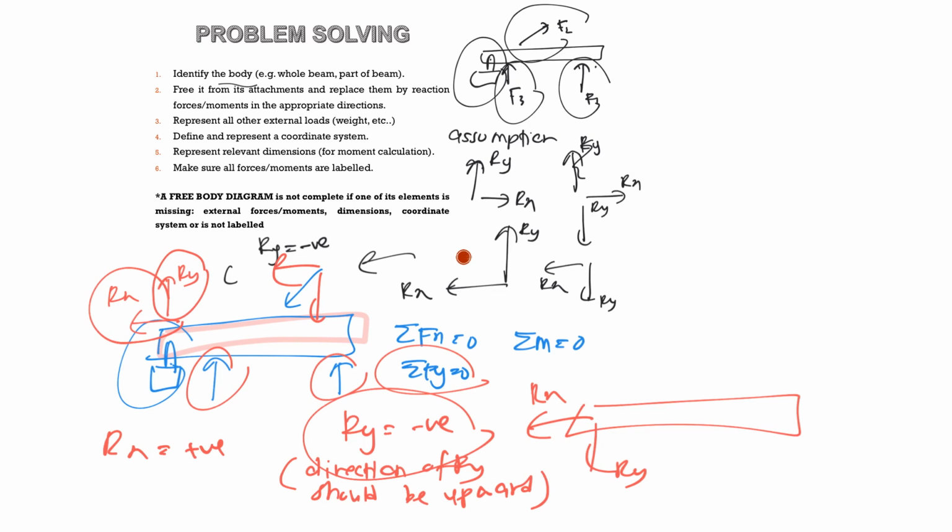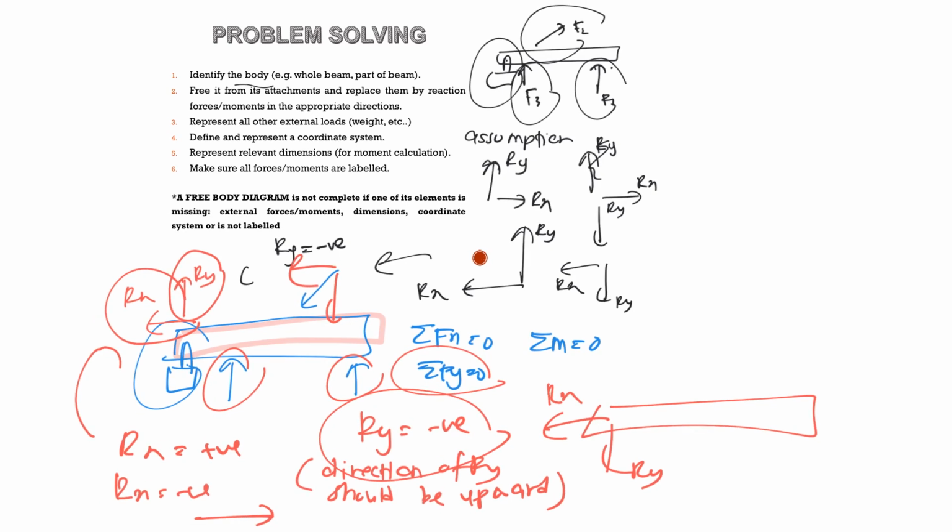If you get negative, you need to give a statement that the direction should be opposite to what you assumed. Example, if I get Rs negative, the direction of Rs should be to the right, then it's going to balance all the forces in the S component. Your negative means wrong, your positive means right.